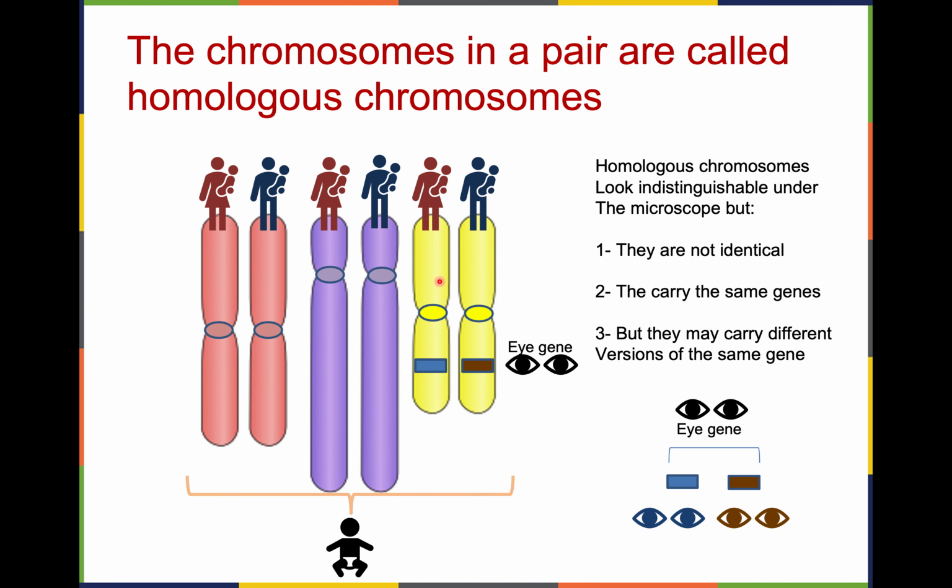Now, the chromosomes from both parents carry exactly the same gene. Both of these chromosomes carry the gene for eye color, but the one coming from the mother has the blue version, and the one coming from the father has the brown version. So that's why we are saying homologous chromosomes are not identical. They carry the same gene, but they may carry different versions of the same gene.